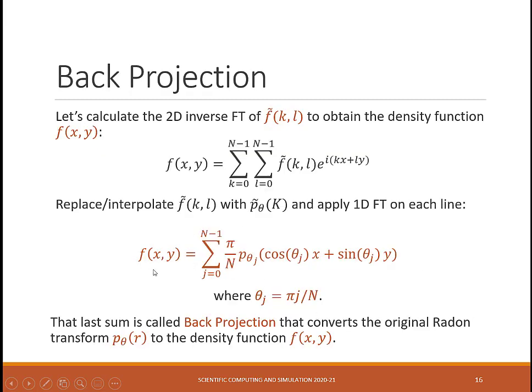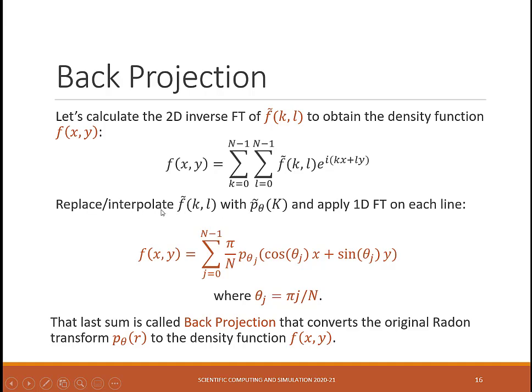In this slide, we have a series which is called the back projection sum. This sigma converts the original Radon transform p(theta, r) to the density function f(x, y). In other words, this series reconstructs a cross-sectional image by using its sinogram. We can prove that the back projection sum can be obtained by applying some Fourier transform and mathematical interpolations.